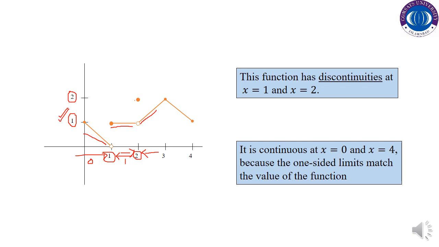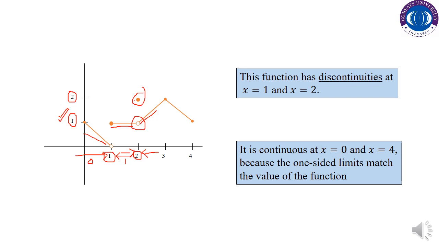So the limit exists at point 2 and the function is also defined at point 2, but the value of the function at point 2 and the limit of the function at point 2 are not the same. So at 2 there is a point of discontinuity for that function.